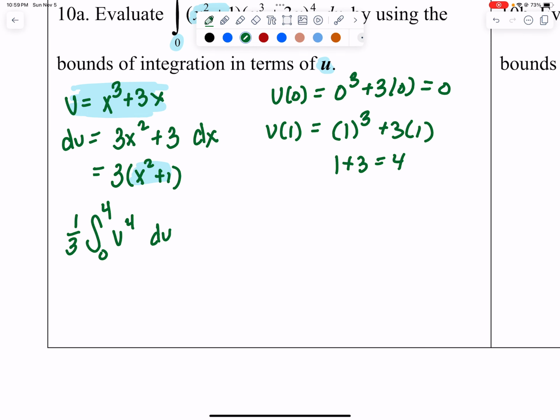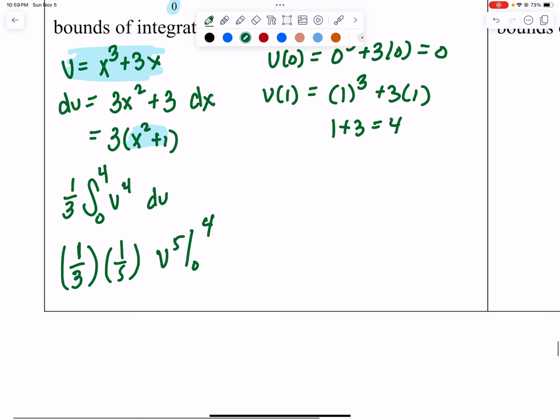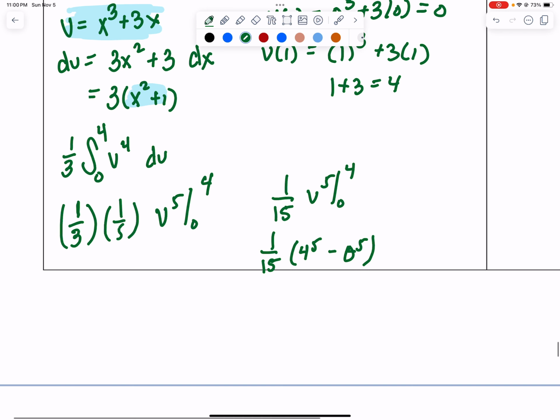Okay, so if I were to take the integral here, I'm going to have 1/3 times 1/5, u to the 5th from 0 to 4. And then I'm going to simplify this to get 1 over 15, u to the 5th from 0 to 4. 1/15, 4 to the 5th, minus 0 to the 5th, which is basically going to be 0.